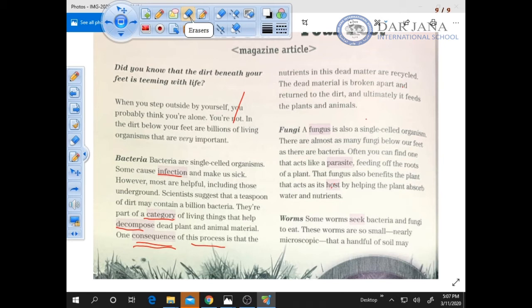So here, some worms seek bacteria and fungi to eat. So seek, when someone is hungry, what do they do? They go out and they look for something. So seeking, we could say that they search for food, they seek food, and so forth. And this is coming from context. Now let's move on.